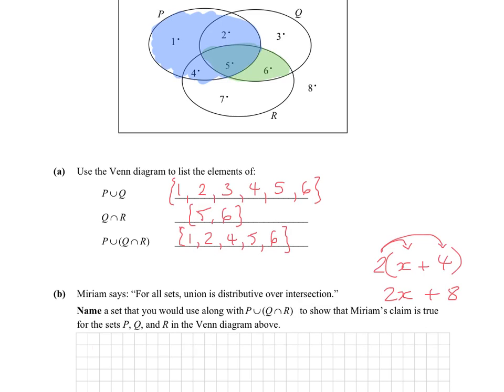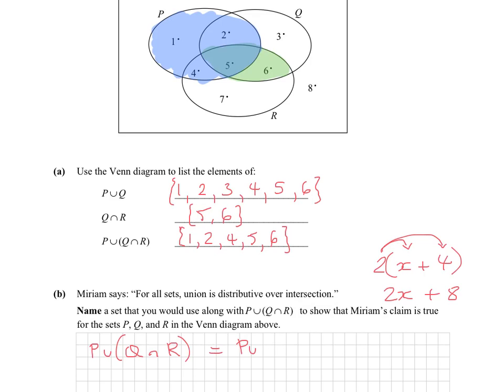So in set theory, when they're talking about union distributing over intersection, as the statement gives, if we look at this one, we're talking about the union of P with what's inside the brackets, distributing over each of those two parts. So in the exact same way as I did with my algebra, I can do with the set notation.